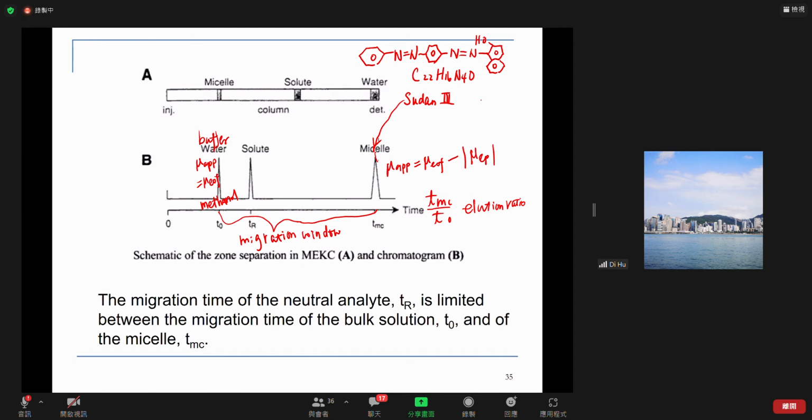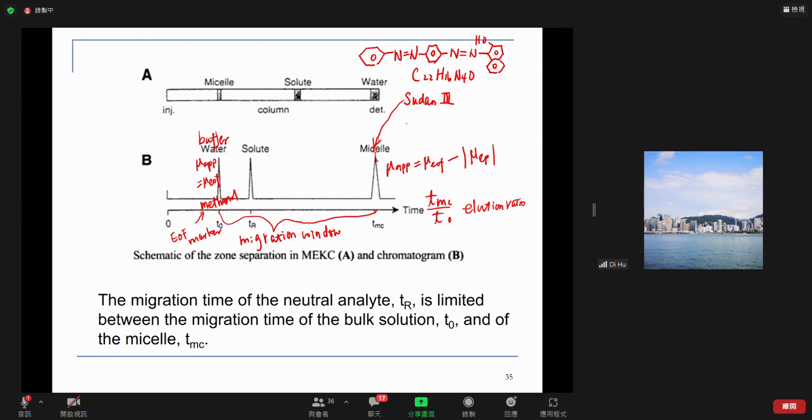It's a micellar marker, and methanol is like an EOF marker. And this will be the micellar marker. Okay, and these indicate TMC and T0.